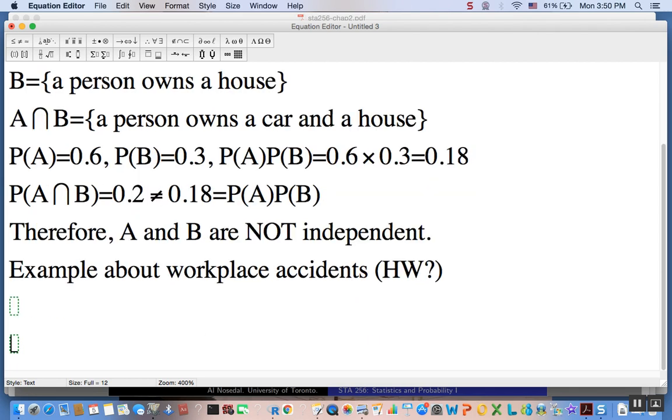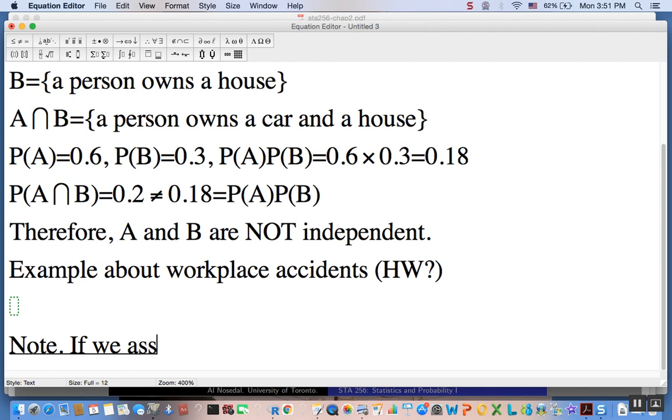Now, a final comment. We have three different expressions to show that A and B are independent. But I want you to see that the third one is basically a consequence of one of the first two.